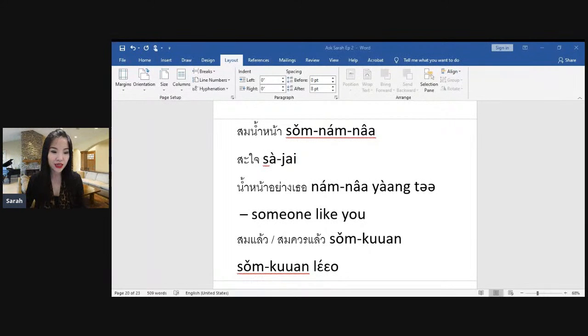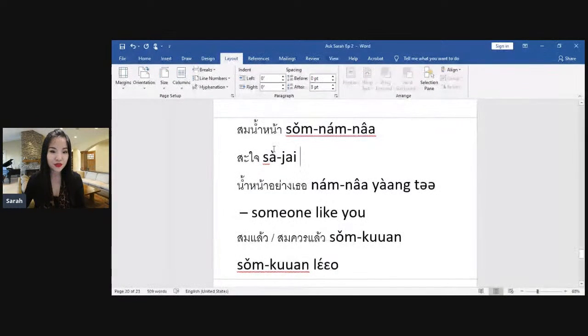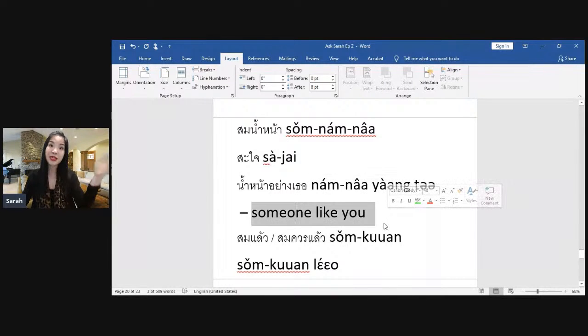Som is from the word som kwan, which means suitable. น้ำหน้าอย่างเธอ, someone like you. So น้ำหน้า is like someone like you deserves to be punished, or it serves you right.